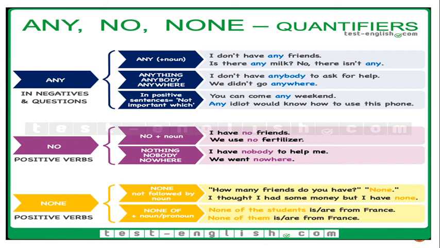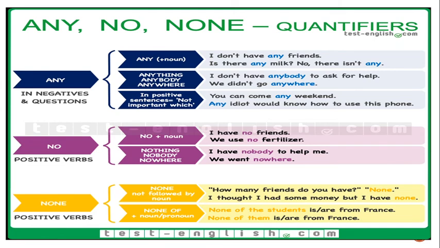No. I have no friends. No plus noun. We use no fertilizers. Nobody to help me. We went nowhere. So positive verbs, positive sentences. None, not followed by a noun. Because, how many friends do you have? The answer is none.